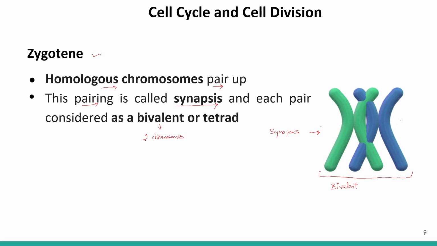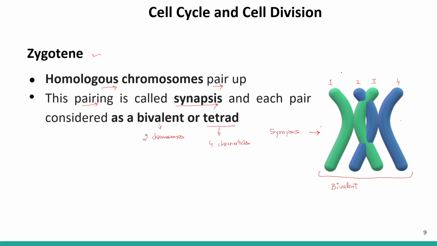And we can also call a bivalent a tetrad. Why do we say it is a tetrad? Because it consists of 4 chromatids. Okay, 2 chromatids from each chromosome. So in total we have 2 chromosomes and 4 chromatids. So this is the first chromatid, second chromatid, third chromatid, fourth chromatid.